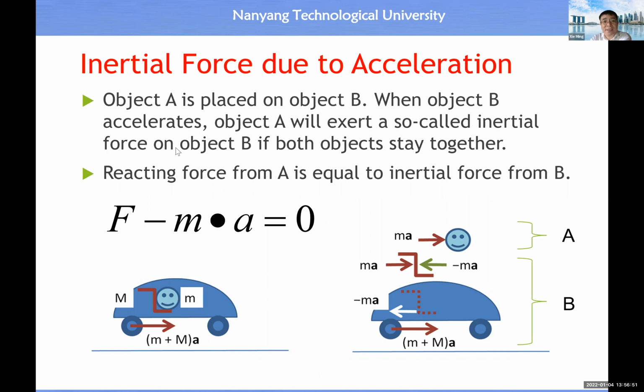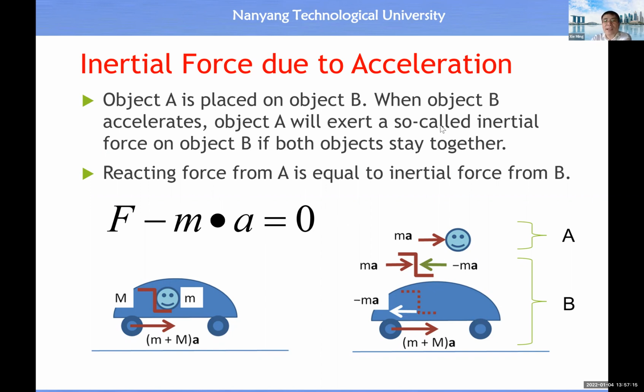When B accelerates, in this case B is a vehicle and A is a person sitting inside the car, for example, when the car accelerates, then A will actually exert a force on the vehicle to prevent the vehicle from accelerating. This force is called inertial force.